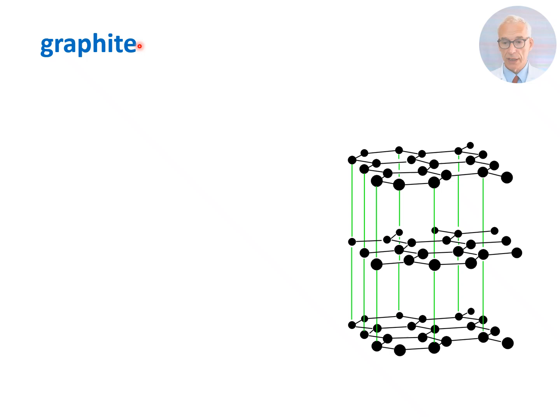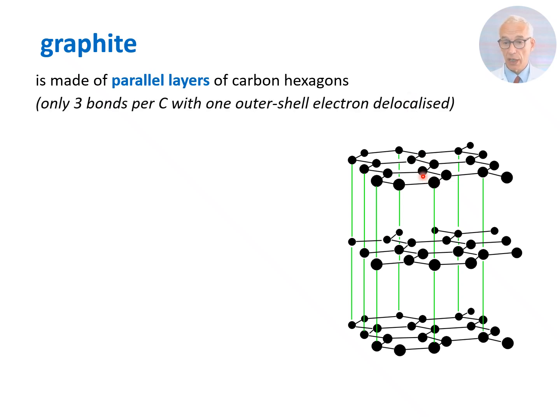So graphite, in contrast to diamond, has an arrangement with carbon atoms in layers. You'll notice that the carbon atoms form hexagons within the layer. I'm tracing one out with my pointer. So we've got parallel layers of carbon atom hexagons. That is, if we look at the highlighted carbon here, it's only bonded to 3 other carbons.